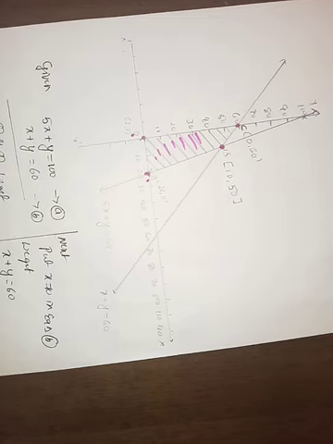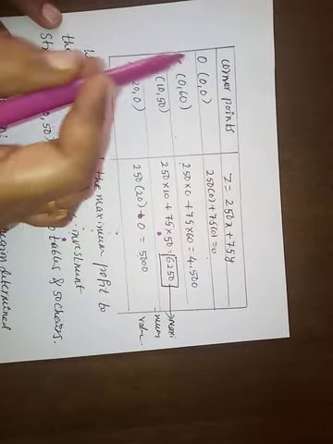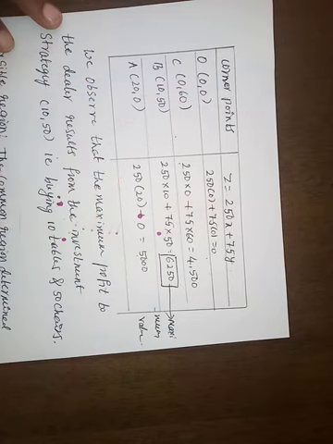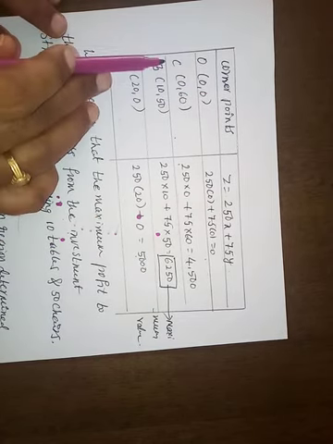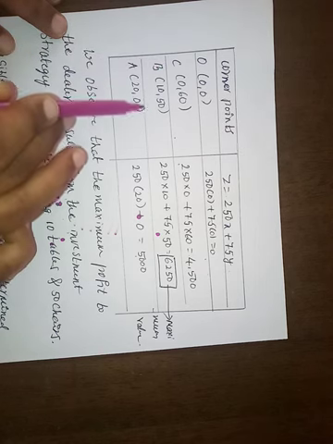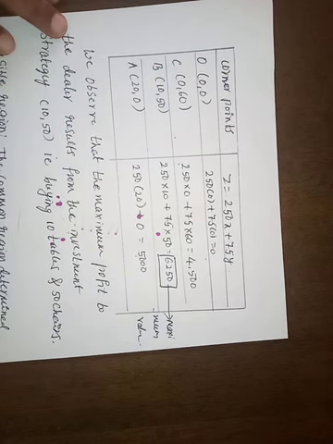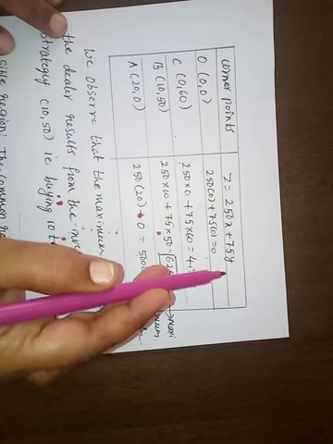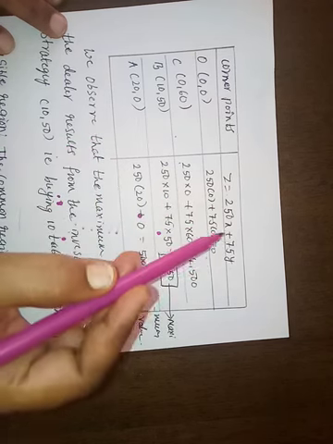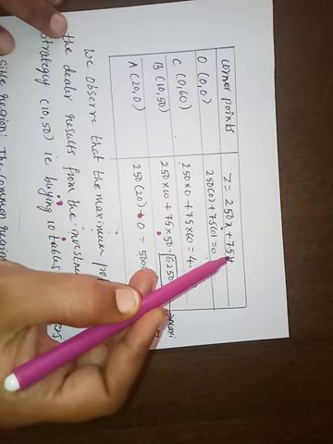Next step is calculation of maximum profit. For that, we consider corner points. First corner point O: 0, 0; next C: 0, 60; B: 10, 50; A: 20, 0. Next, our objective function is Z equal to 250x plus 75y. Next, substitute the values of x and y here.